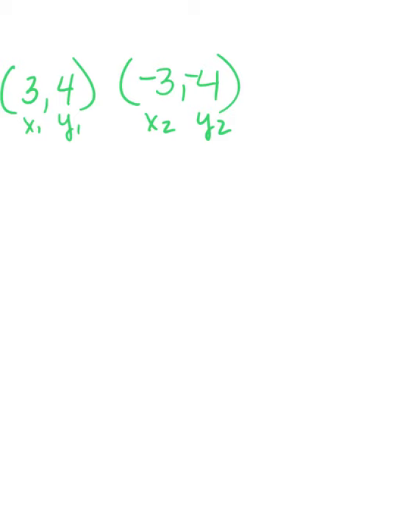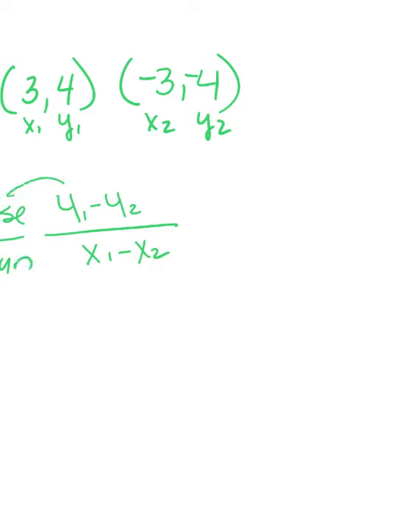So the formula for finding slope is y1 minus y2 over x1 minus x2. And remember, it's rise over run, and the y's are the rise and the x is the run.